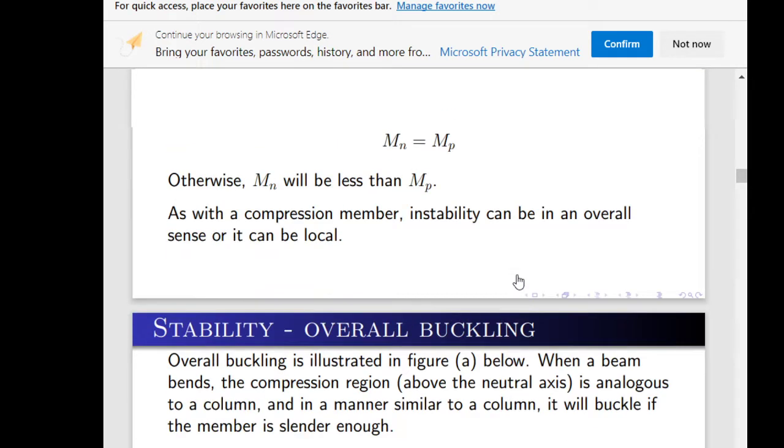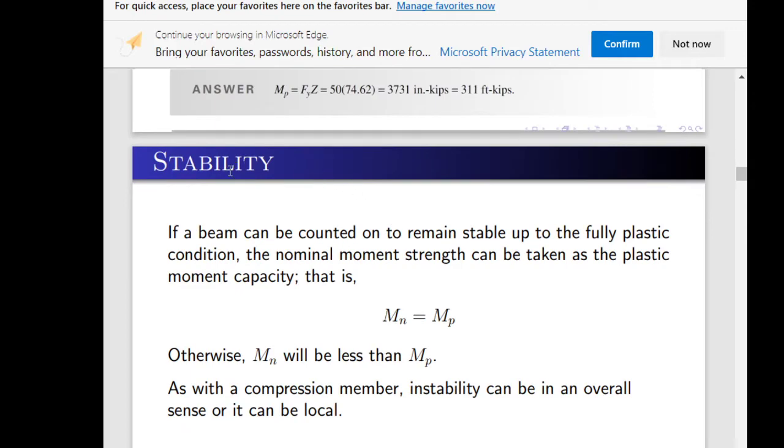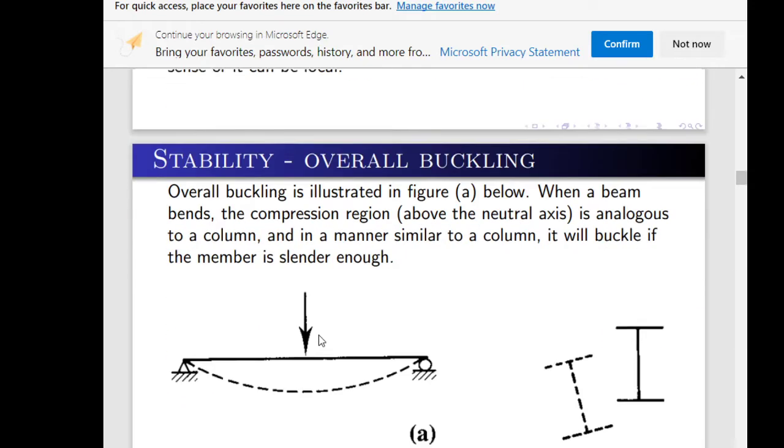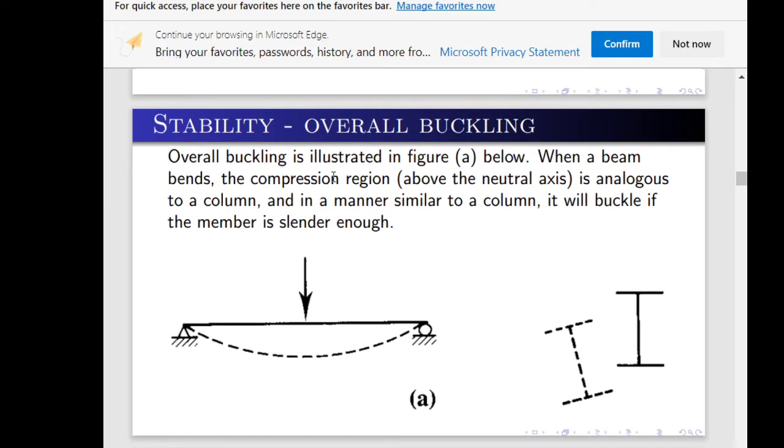Overall buckling. So for a flexural structure or beam, the overall buckling is illustrated in figure A. When a beam bends, the compression region above the neutral axis is analogous to a column. And in a manner similar to a column, it will buckle if the member is slender enough. So the same with a column.